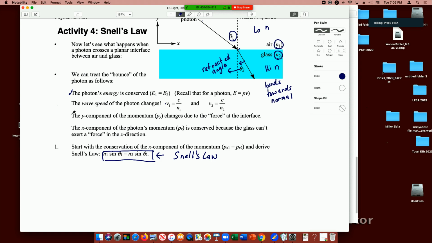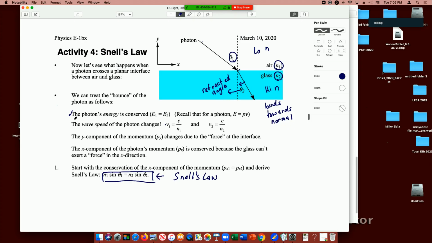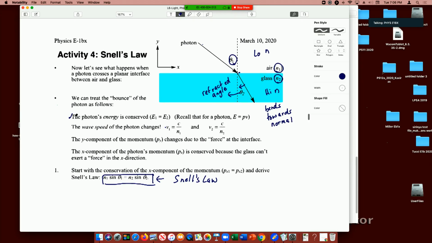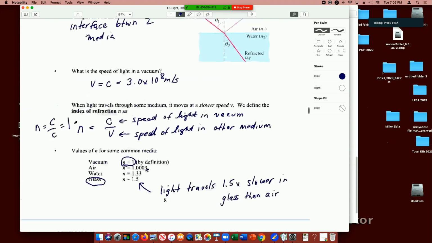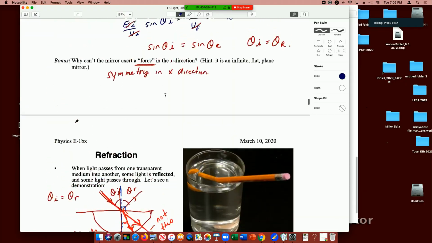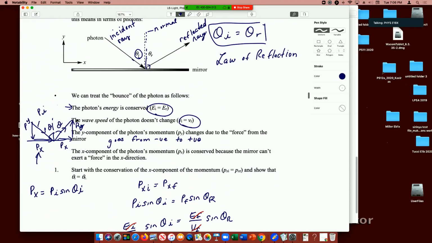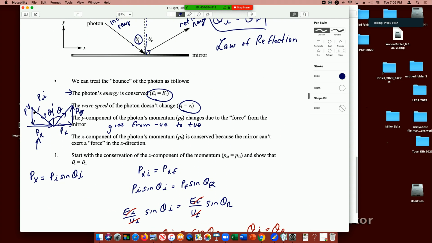Okay. What about the y component of the momentum? The y component of the momentum definitely changes. How would you describe that change, just looking at this diagram? Remember, back here we said that the y component of the momentum changes from negative to positive.